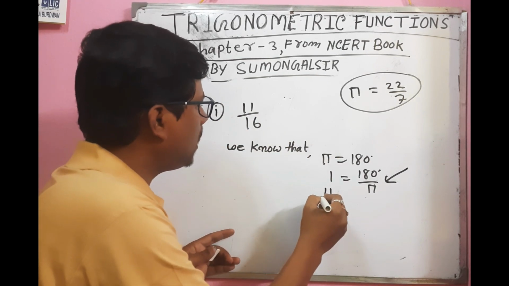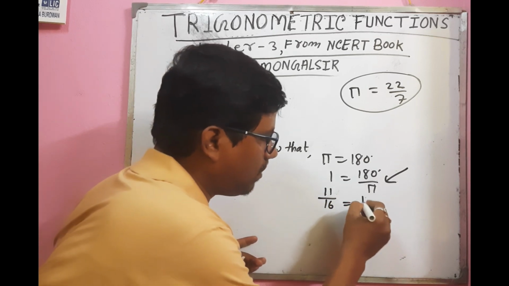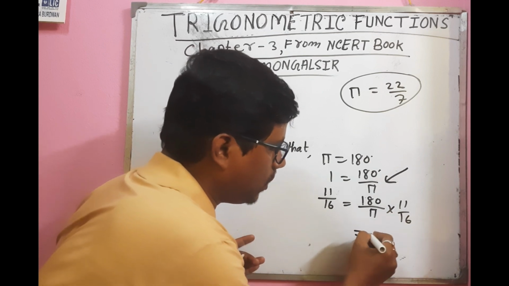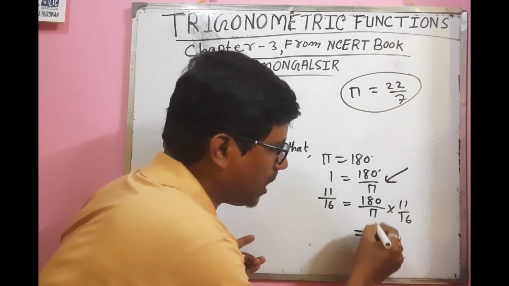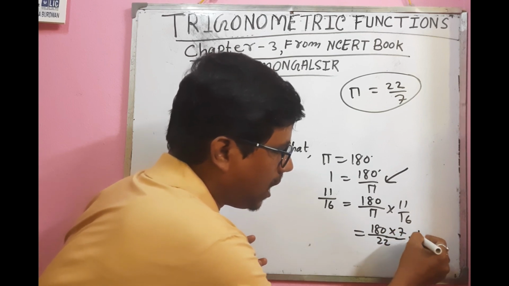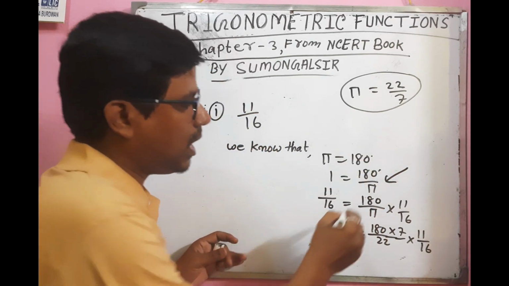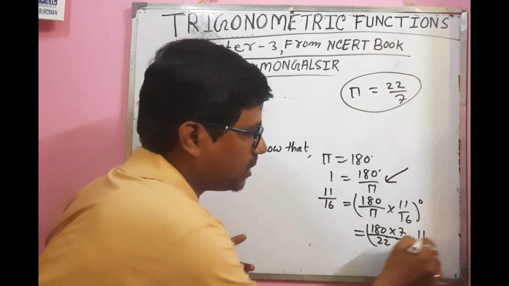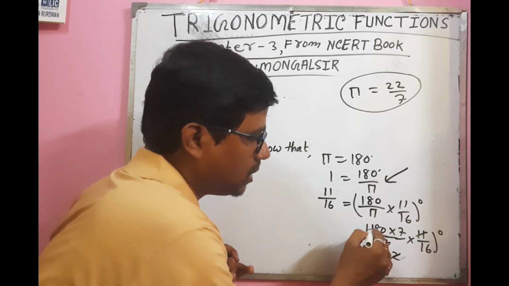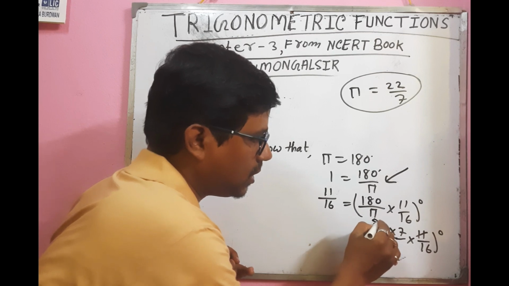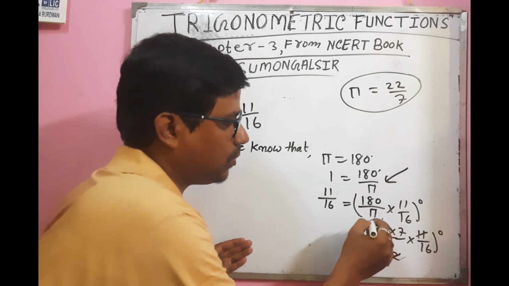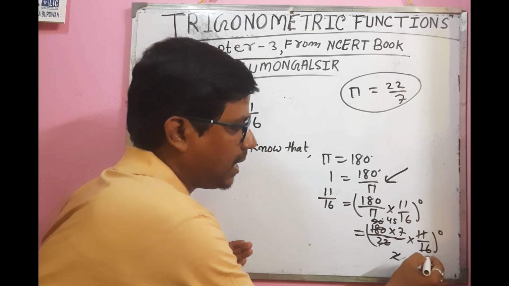Now here 11 by 16 is there. Then 11 by 16 is multiplied with this. Now calculating, and we know that pi is equal to 22 by 7, then we use it. This cancels, this is 90, and this is 45, and 8 is there.